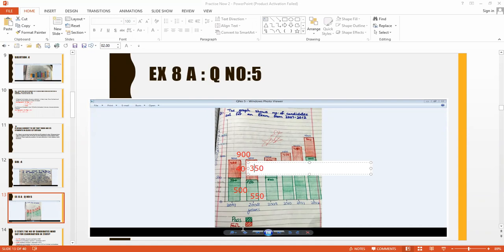Look at the book: 550 plus 350 becomes 900. So again, at the top, you have to write 900.